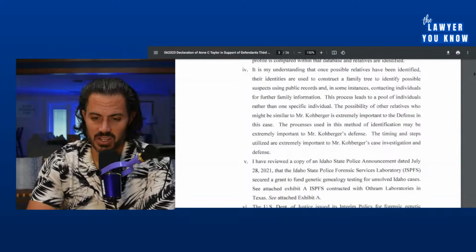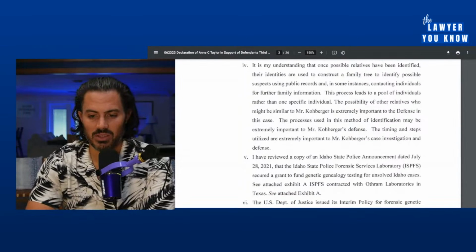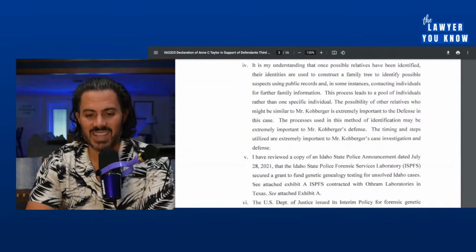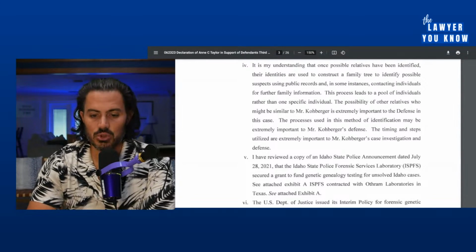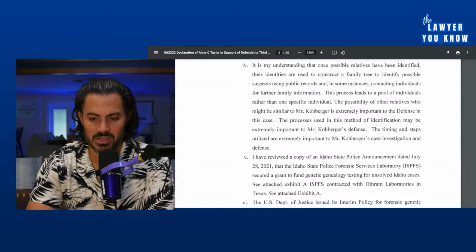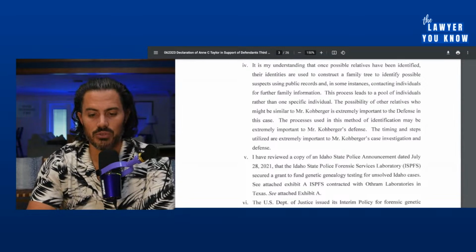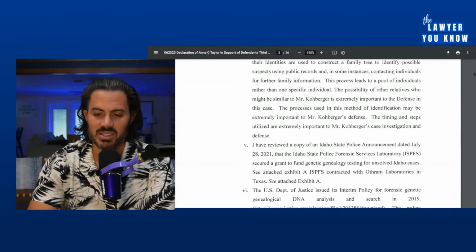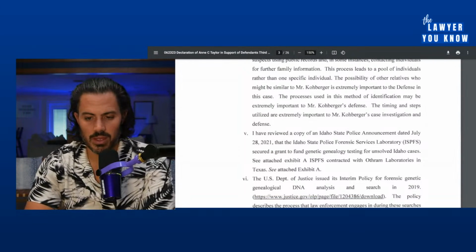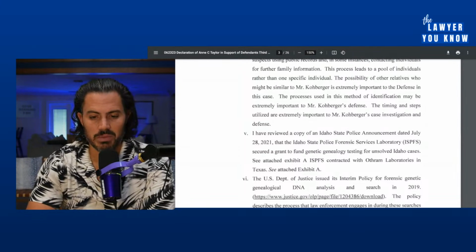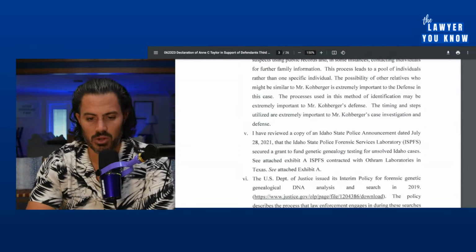It is my understanding that once possible relatives have been identified, their identities are used to construct a family tree to identify possible suspects using public records and, in some instances, contacting individuals for further family information. This process leads to a pool of individuals rather than one specific individual. The possibility of other relatives who might be similar to Mr. Kohberger is extremely important to the defense in this case.